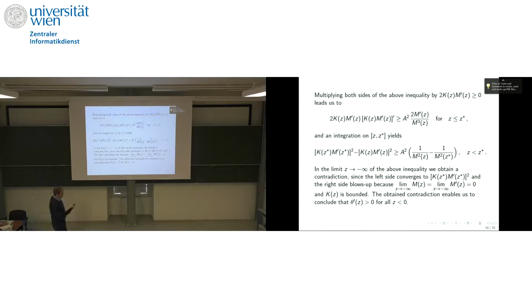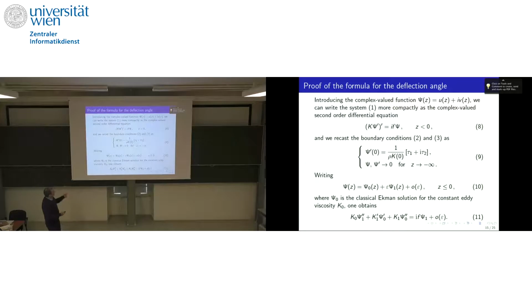So this shows that you always have this: the rotation is a spiral that keeps on going and it decreases. And now I want to look at the proof for the formula for the deflection angle.